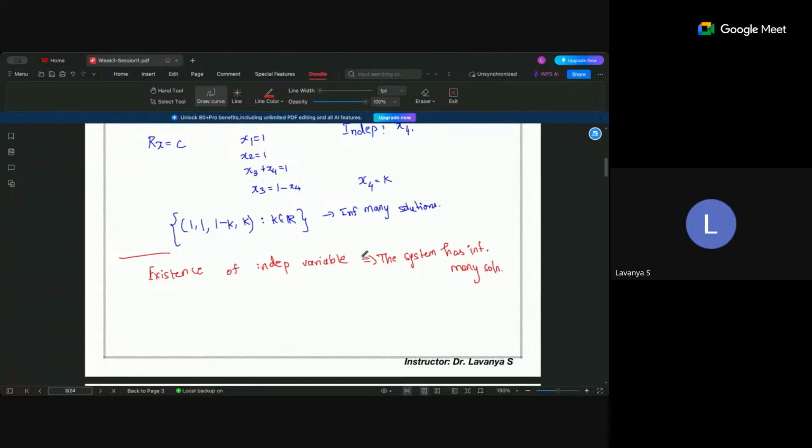And this is if and only if, in fact. If there are no independent variables, the system will have a unique solution.